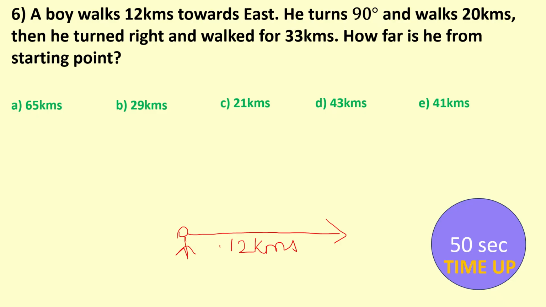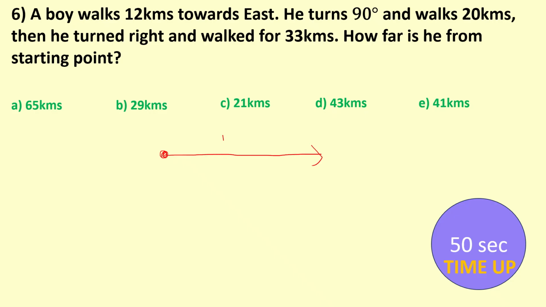He turns 90 degree and walks 20 kilometers. Okay, तो थोड़ा आगे ड्रॉ करना पड़ेगा. यहाँ पे बॉय है और he travels 12 kilometers towards east.